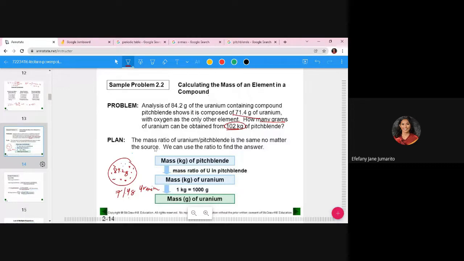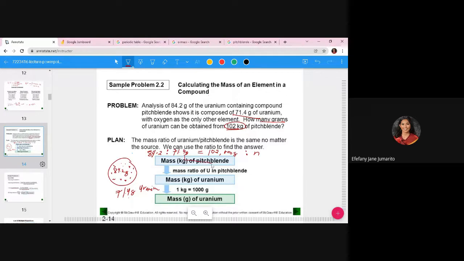Pwede na ka magamit og ratio and proportion. 84.2 grams is to 71.4 grams, that is equal to 102 kilograms. Let's convert that into grams. 102 kilograms times 1,000, 102,000 grams is to N. Mo man ni siya ratio and proportion.